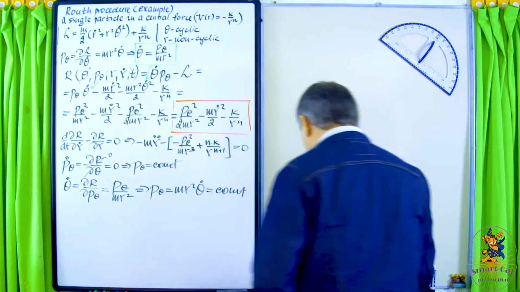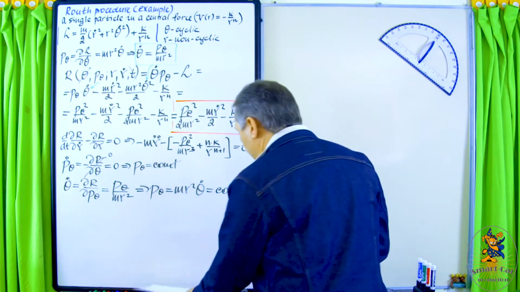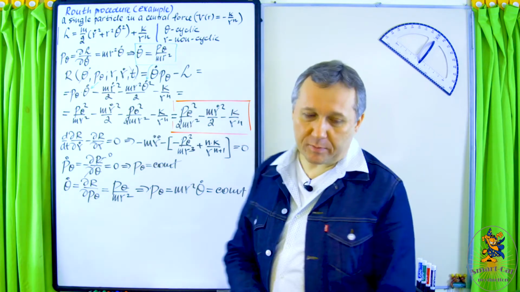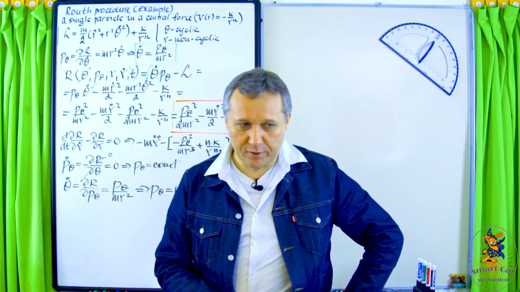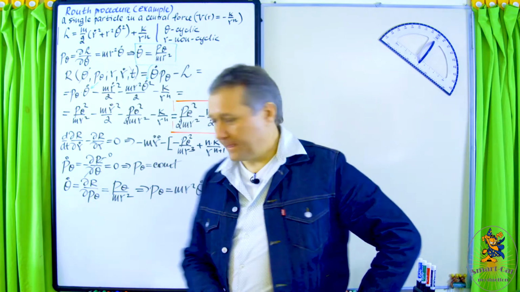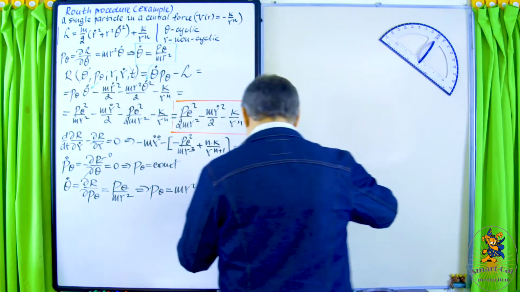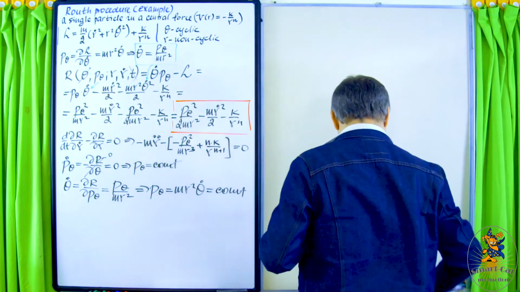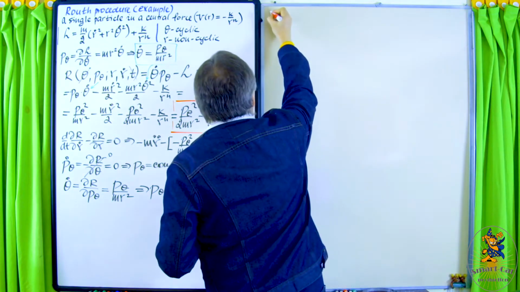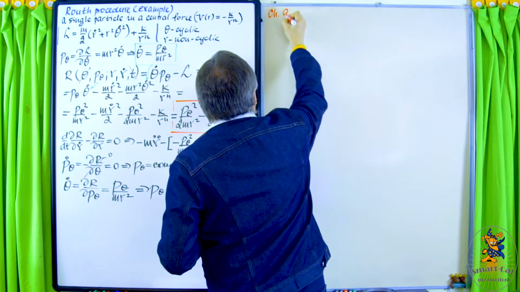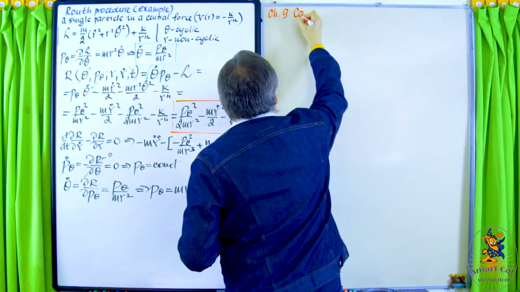Okay, now let me write down the name of the chapter. It's Chapter 9, Canonical Transformations.